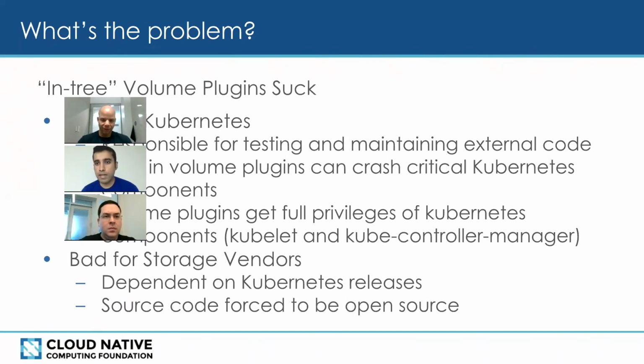It means that they have to open source their code, whereas some vendors don't want to do that. And it's bad for Kubernetes in general because it makes us responsible for testing and maintaining external code, for a number of reasons. So we want to get away from these in-tree volume plugins, and let's move on to the next slide.